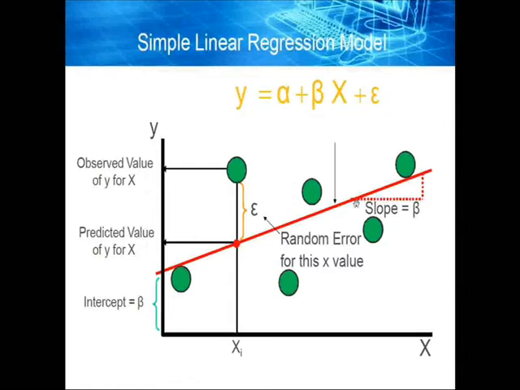Here alpha and beta are called model coefficients, and this machine learning algorithm learns these from training data by finding the relationship between the values of x and y, that is the two variables. Once the model coefficients are learned by the machine learning model, they can be used for predicting the target value.